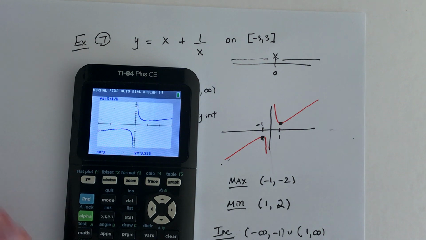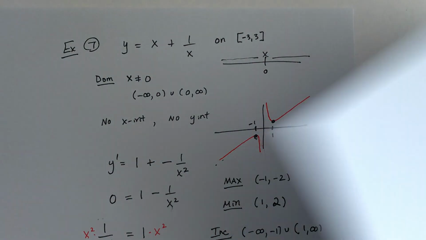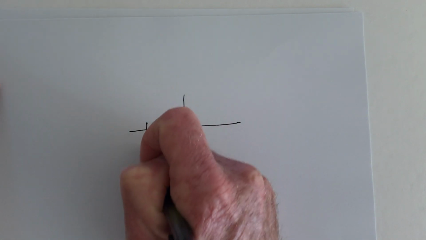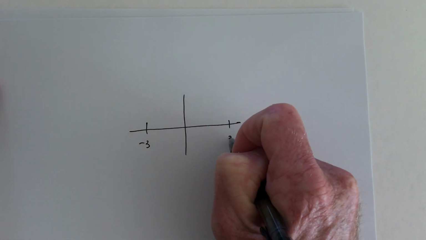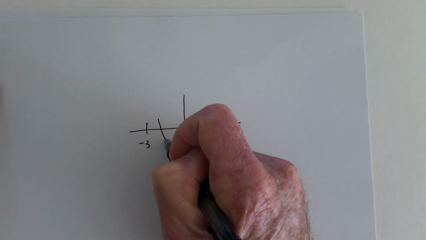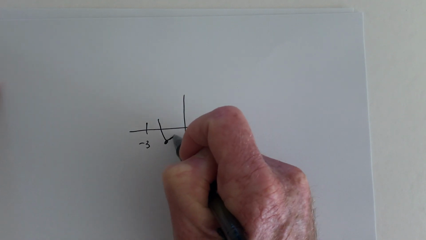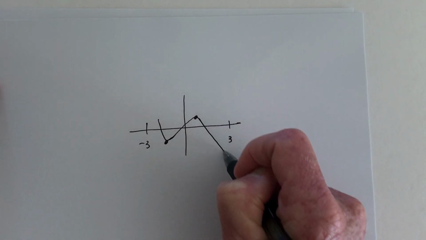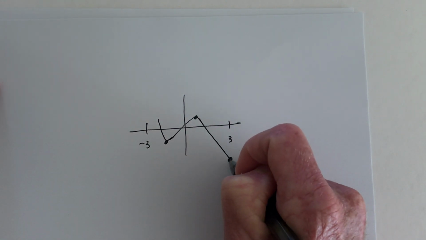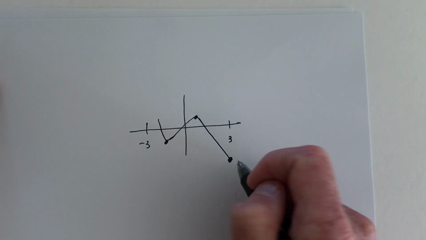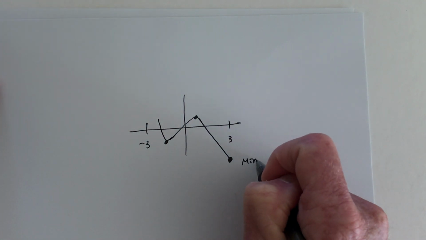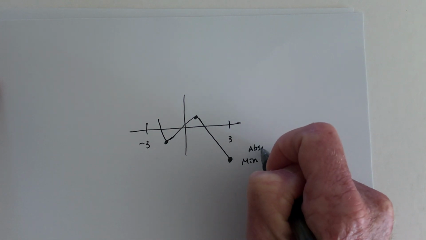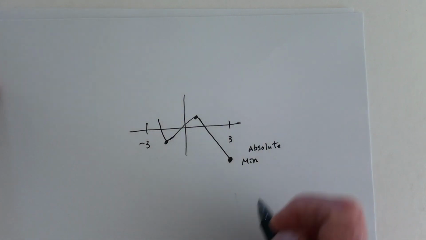But there are times when you would graph it and they would say go from negative 3 to positive 3, let's say, and then you had found out the derivative equals 0 down here, and you found out the derivative equals 0 right there, and then at the end of the graph, by the time you look at where the 3 is, then this is a minimum, and this is actually the very lowest it ever goes, so it's called the absolute minimum.